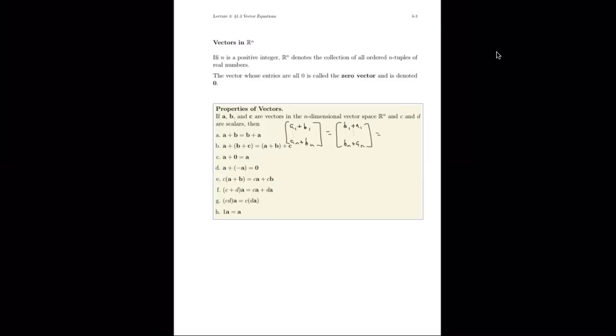And that's actually b plus a as vectors. So we've proven it, or at least the sketch of the proof right here. And it all comes from commutativity of real numbers. Most of the results that follow in these properties are pretty easy to see. The textbook does a nice job of showing all the proofs, and I'll leave it at that.